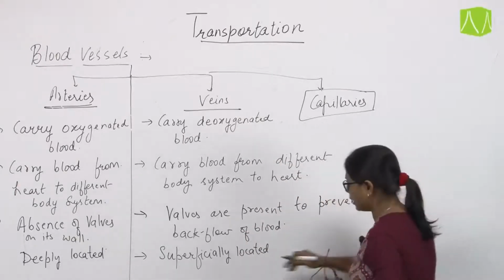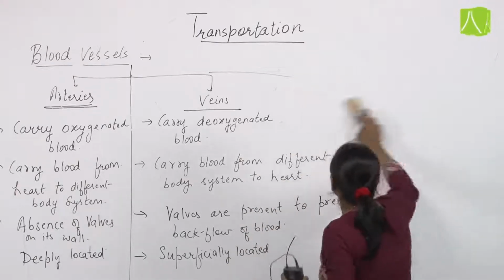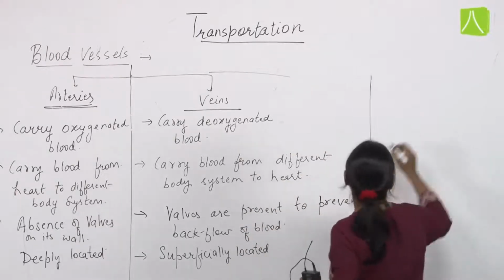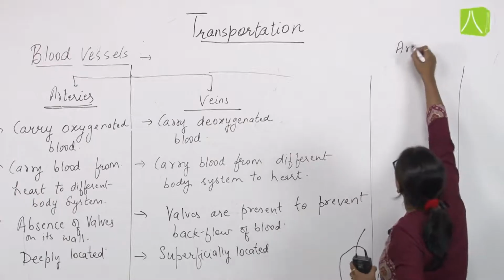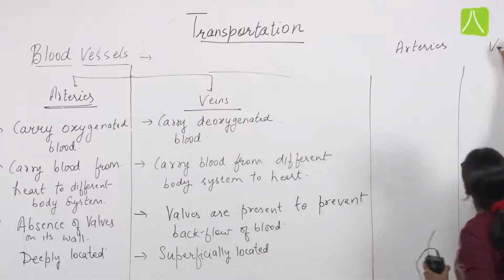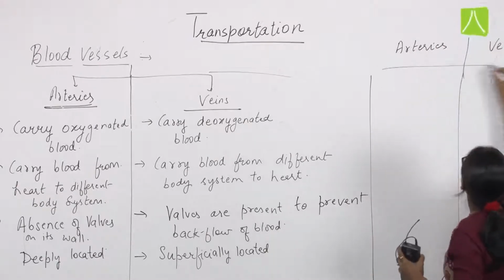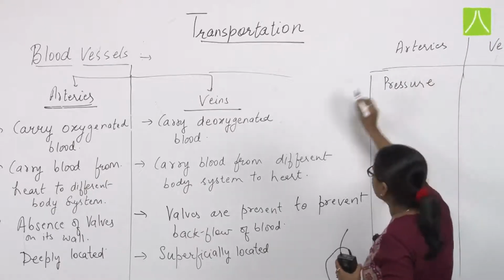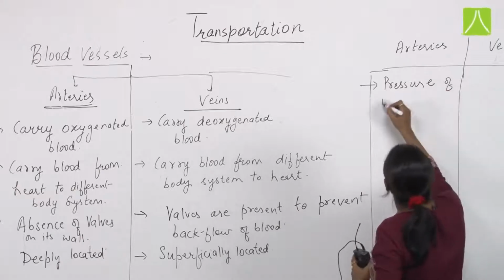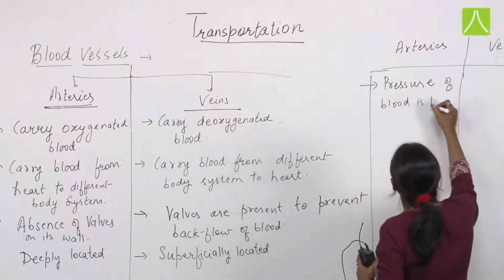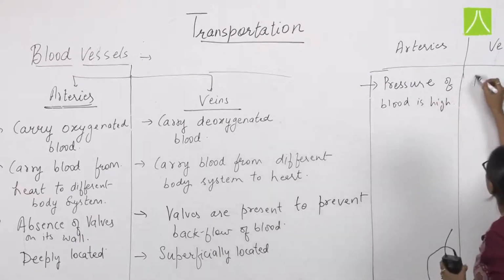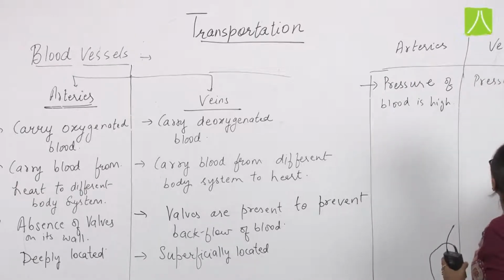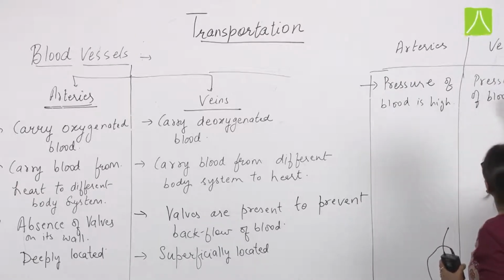So in case of arteries, another difference is that the pressure of blood is high, and in veins the pressure of blood is low.